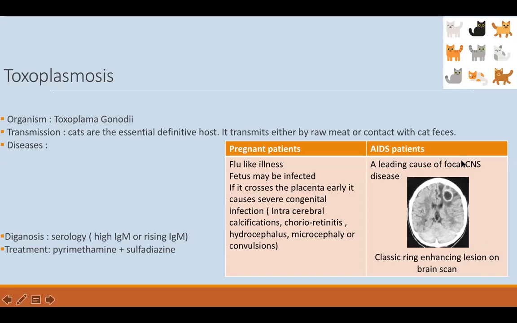So this comes a lot in questions. You did an MRI, you did a CT, you saw the classic ring enhancing. Patient has AIDS. What's the diagnosis? Toxoplasmosis. How is it diagnosed? By serology, by detecting antibodies. Treatment is by combination of pyrimethamine and sulfadiazine.